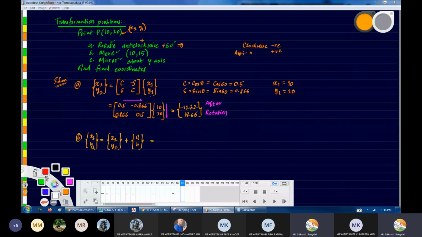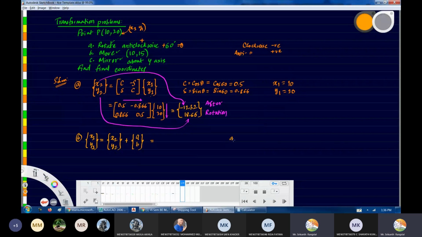What is x2 and what is y2? X2 we have found here, and y2 we have found here. Okay, this is x2 and this is y2. So these two we found. What about a and b? What is a and what is b?